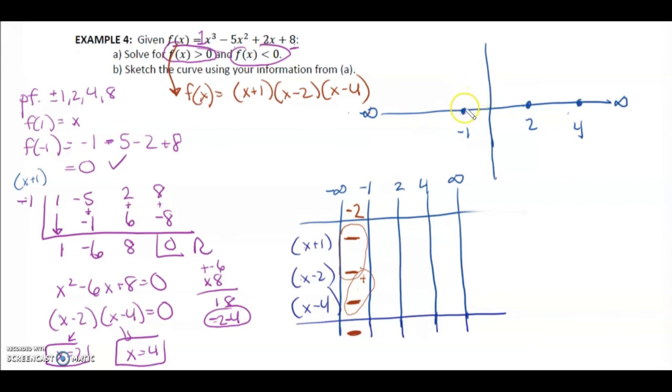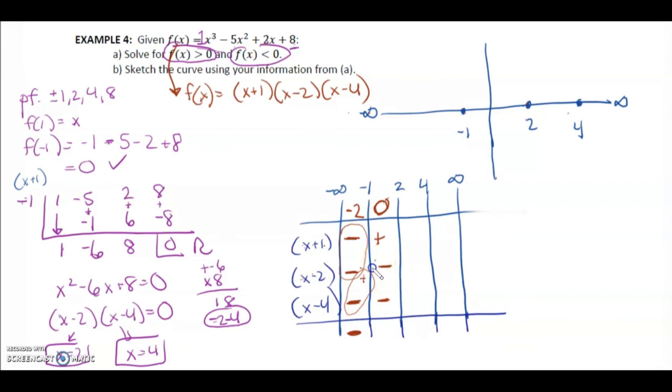Okay, let's choose a number between -1 and 2. 0, best number ever. Okay, 0 plus 1, we're literally going to just take whatever sign is in the middle. That's the sign that we take. So 0 plus 1, 0 minus 2, and 0 minus 4.